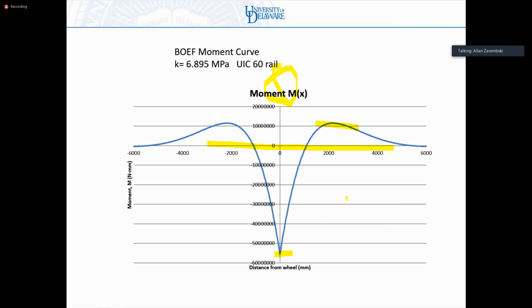So, for example, under the wheel, I have a moment that basically puts my base in tension and my head in compression. And then when I have the reversal, I flip. My moment flips. And my head goes into tension and my base goes into compression.